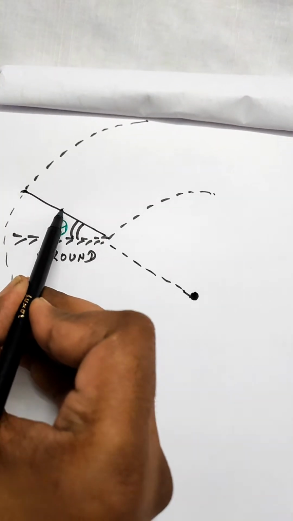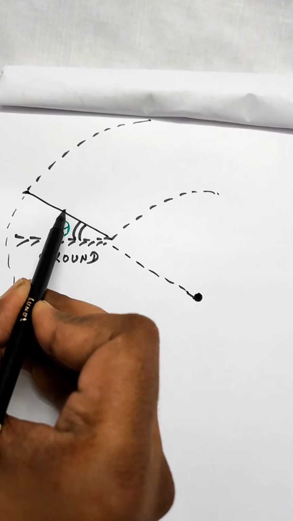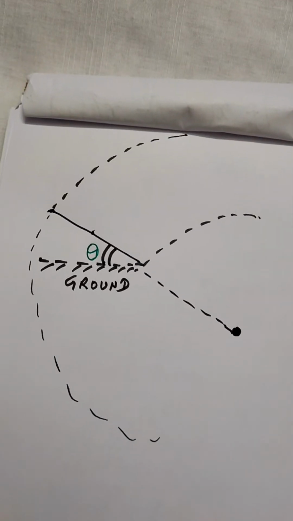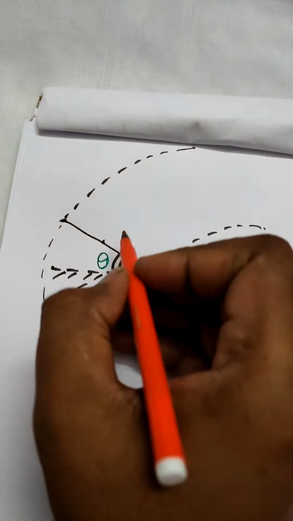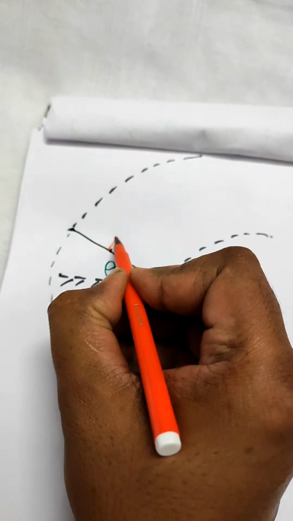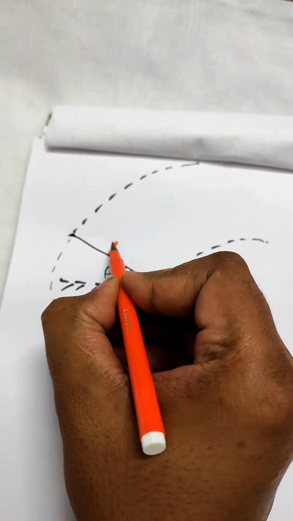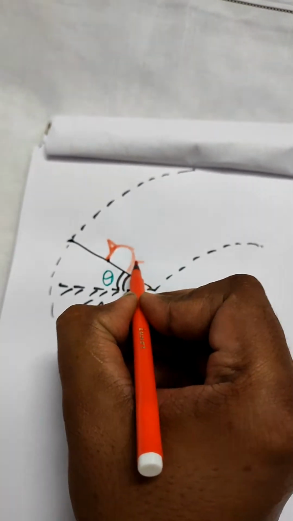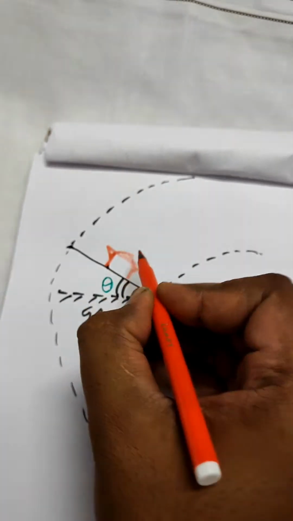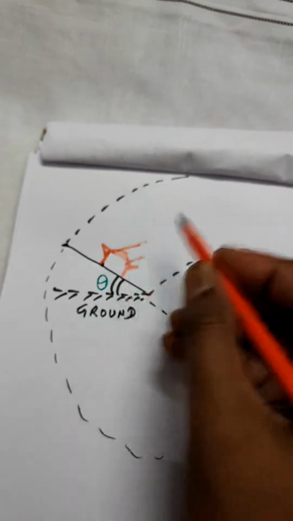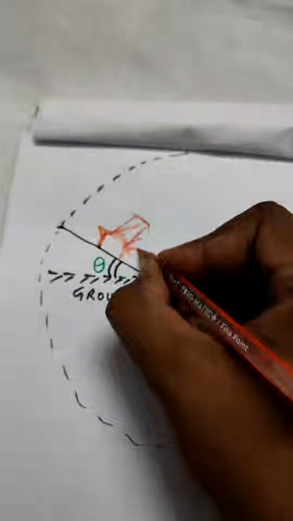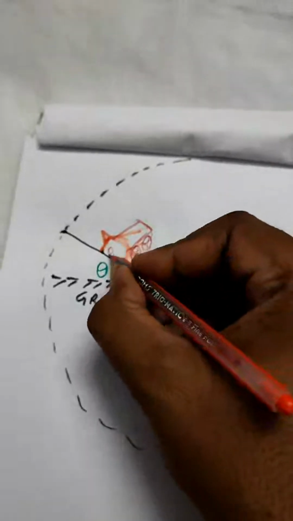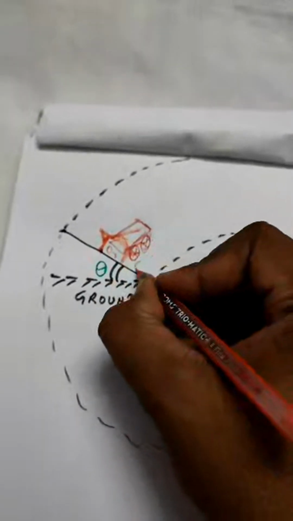That means if your vehicle is standing over here, in the center of the road, let's say here, this is your car. This car is running on the road.